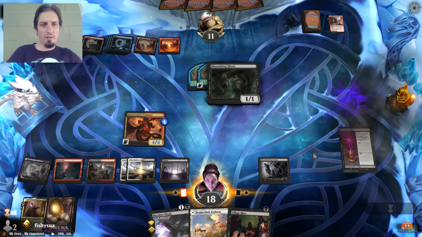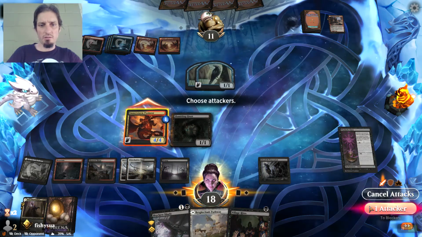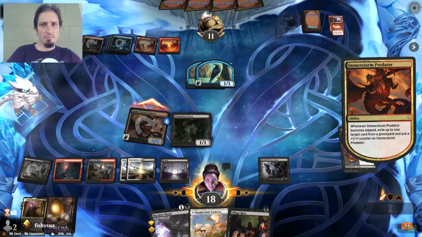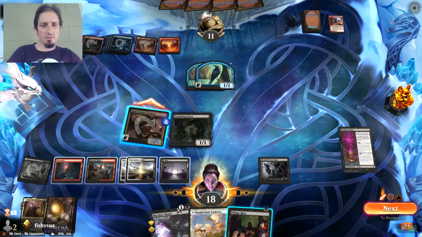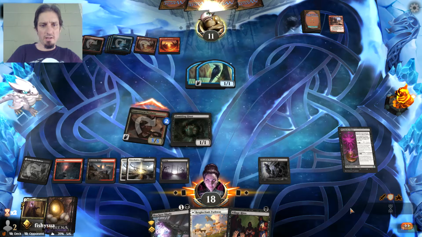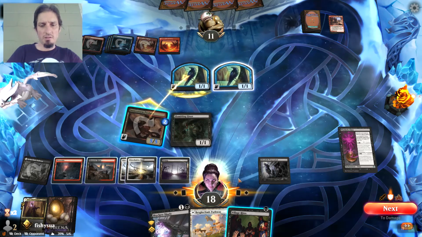Let's keep the pressure on them. That's where I want to be right now. Keep the pressure on them, especially since I'm using it, doubling it as a way to keep their graveyard in check.